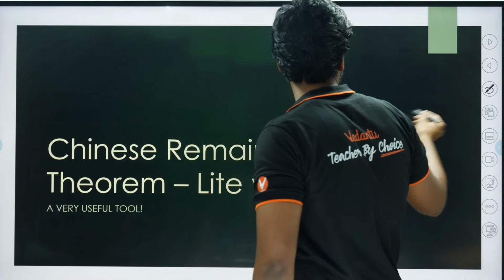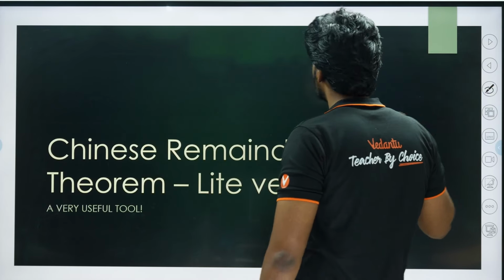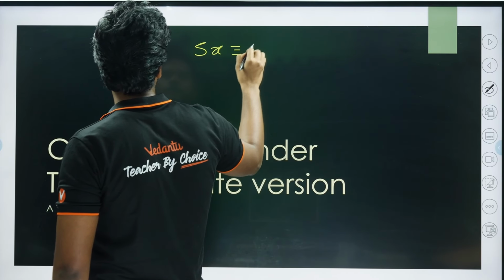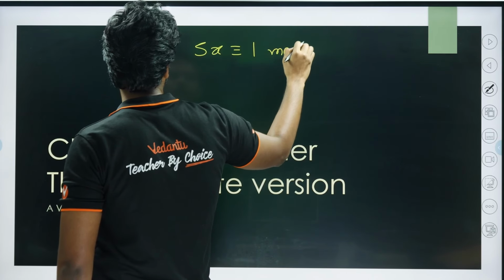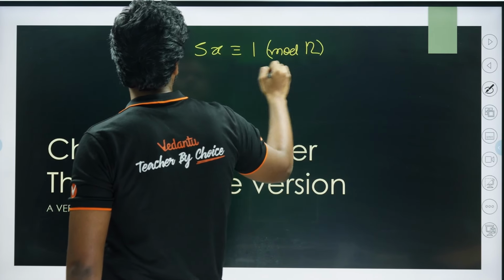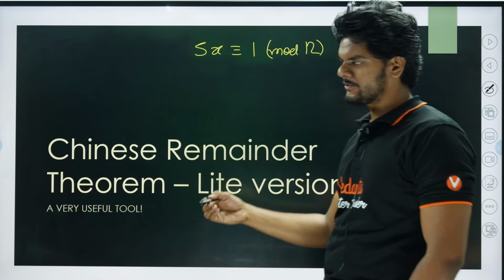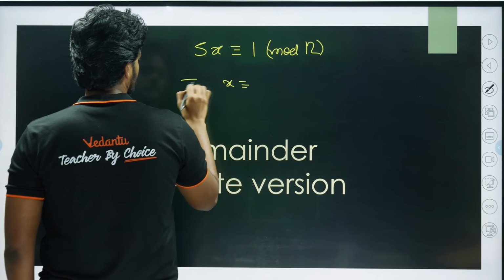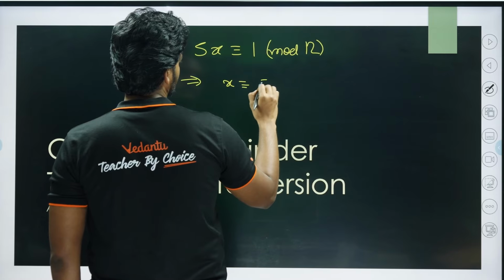You must remember that when we were doing congruency, we solved something like 5x is congruent to 1 mod 12, I suppose. And the solution was x congruent to 5, I think.